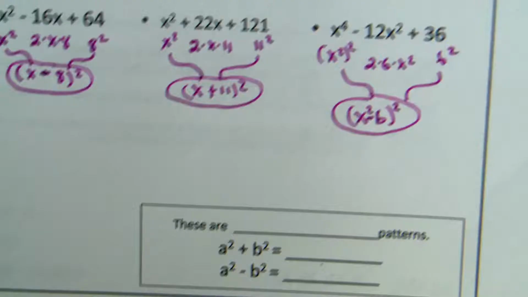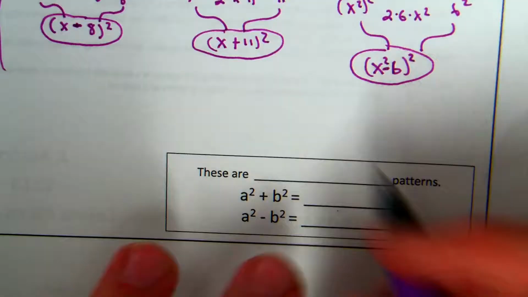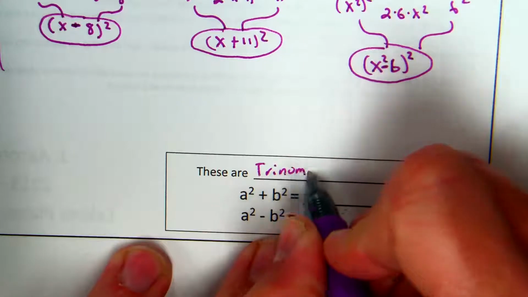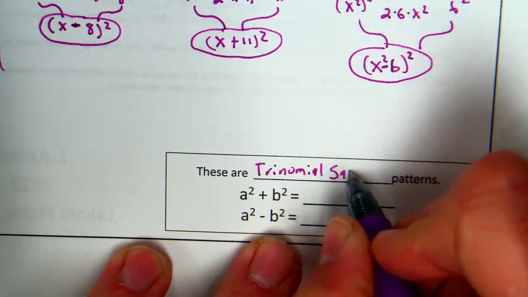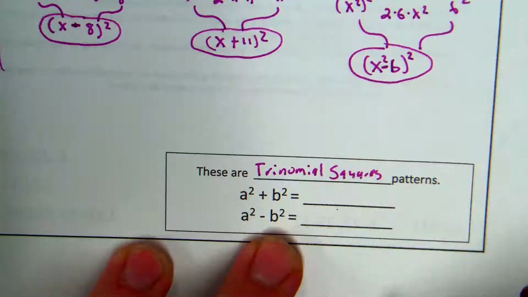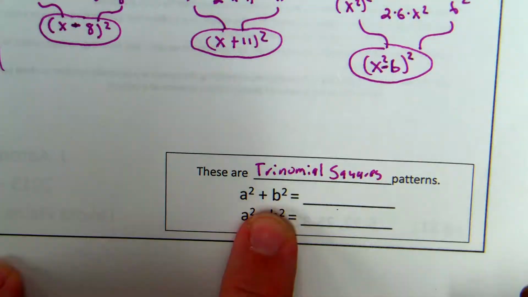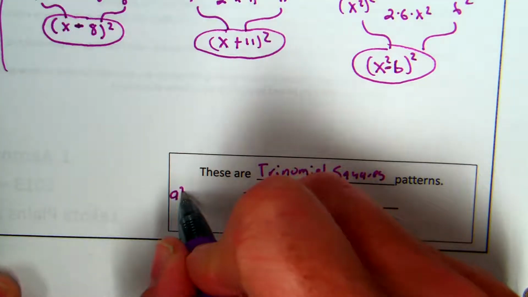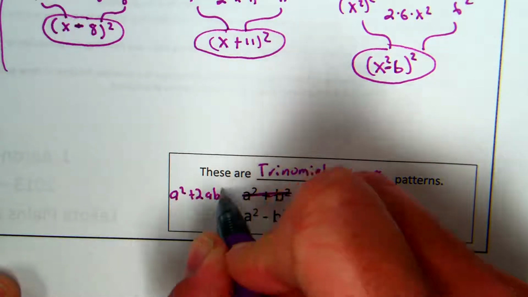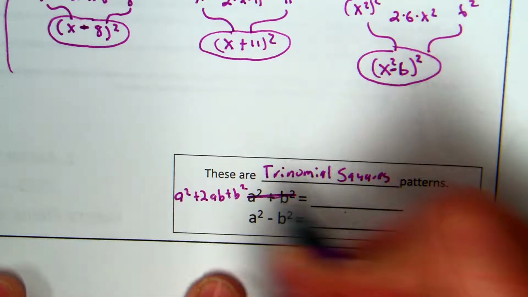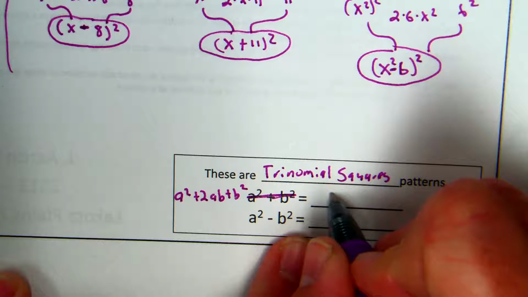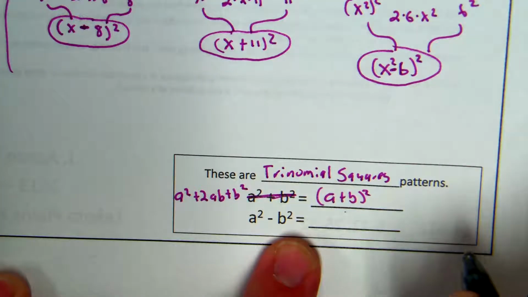And down at the bottom is just a summary of that, where it says these are trinomial squares patterns. Where you have, there's a big typo, a squared plus 2ab plus b squared is equal to a plus b times itself.